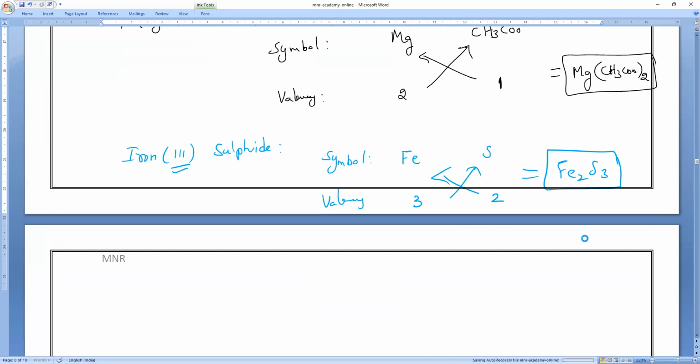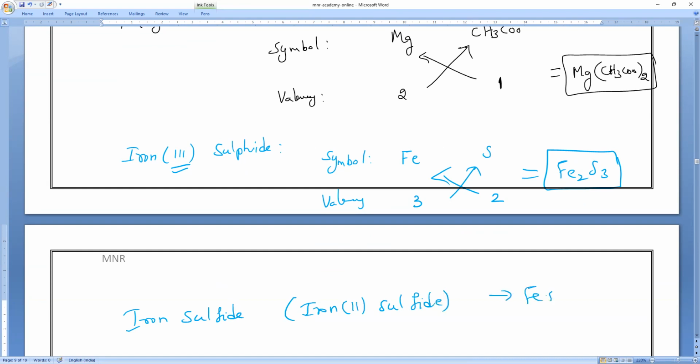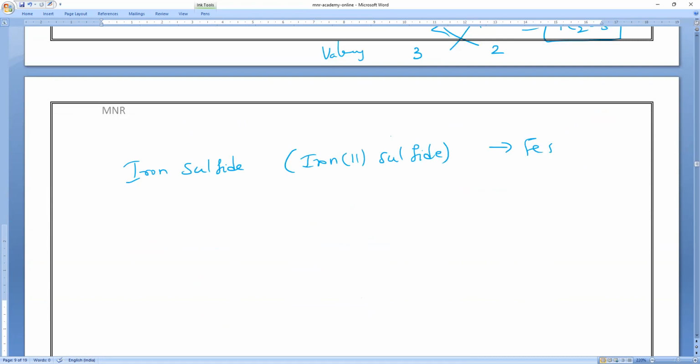If I ask in the exam for iron sulfide or iron 2 sulfide, then the formula is FeS. By then, what is the valency of iron? 2.